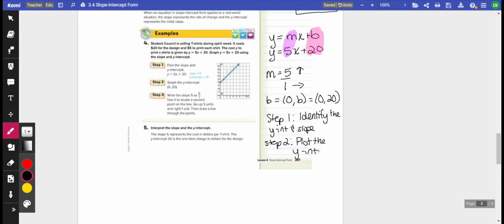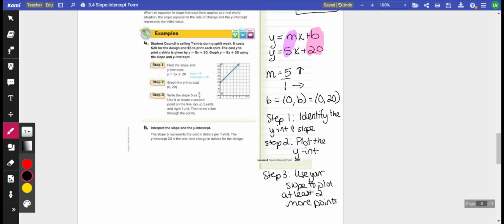It is important that you plot the y-intercept first. Then step 3, use your slope to plot at least 2 more points. It's best to draw a total of 3 points to ensure that you have a straight line.